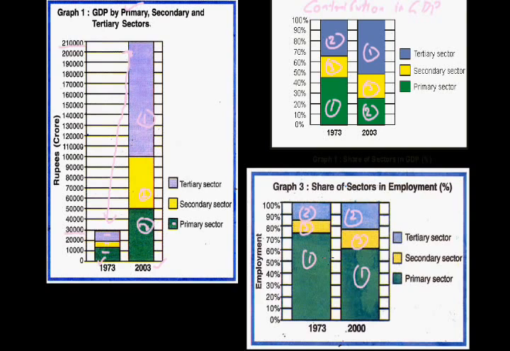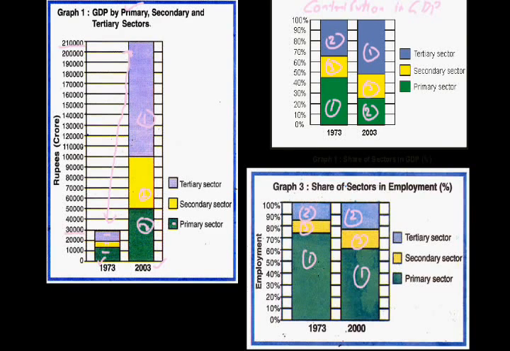So if we compare the graph of contribution in GDP and the contribution in employment, we see near about the same trend there. If we put the grading, the number 1 contributor is the primary sector, the second is the tertiary sector, and then comes the secondary sector.